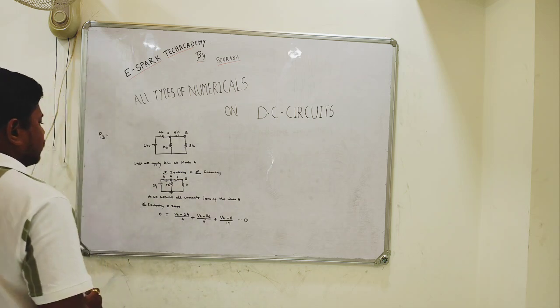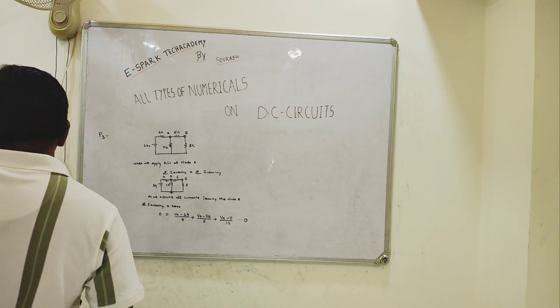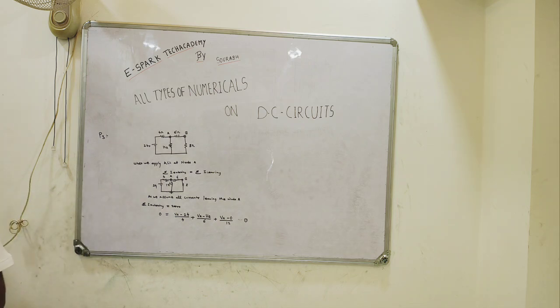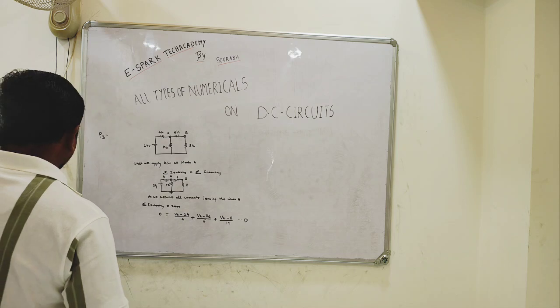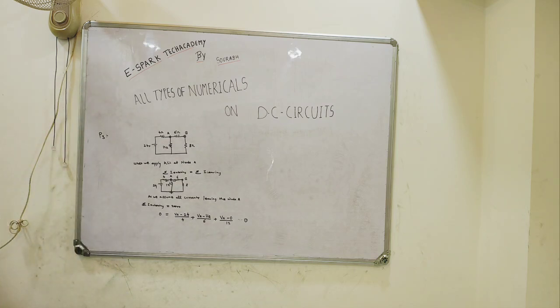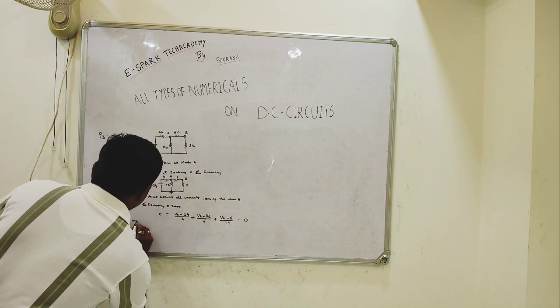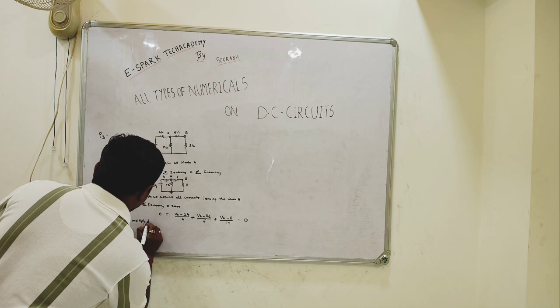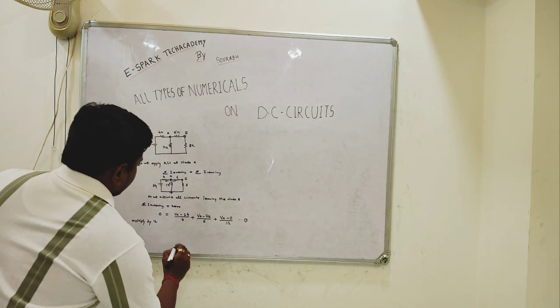By calculating, you will get, by multiplying 12 to both the sides, multiply by 12 to all the equation, to get VA here.